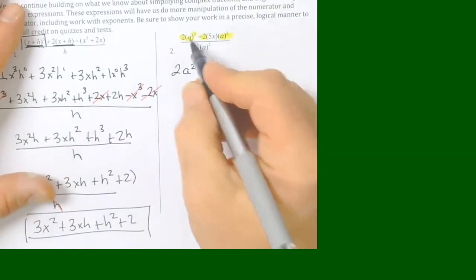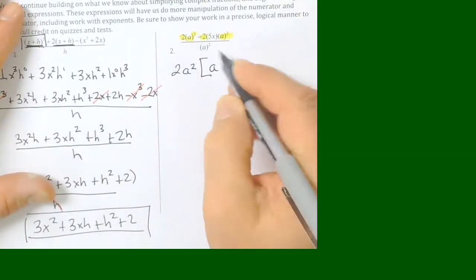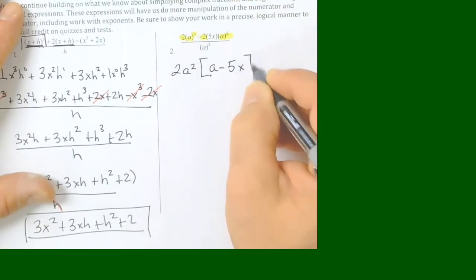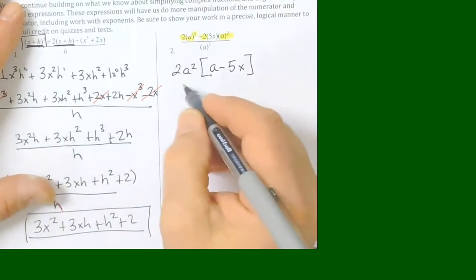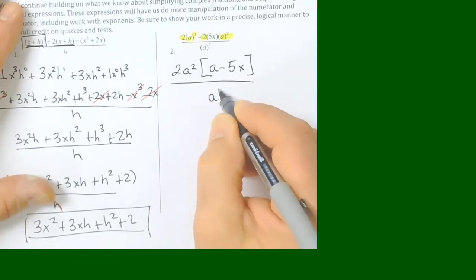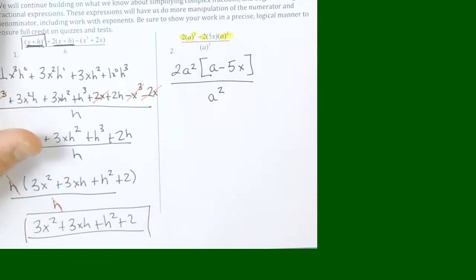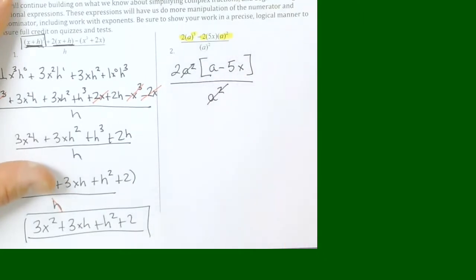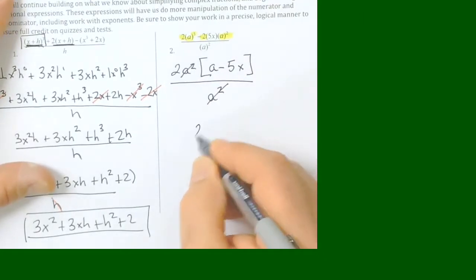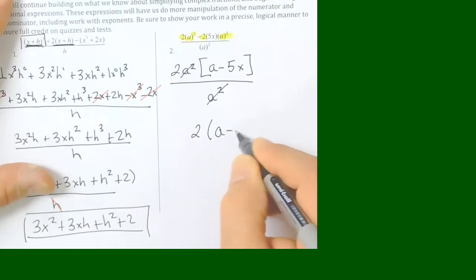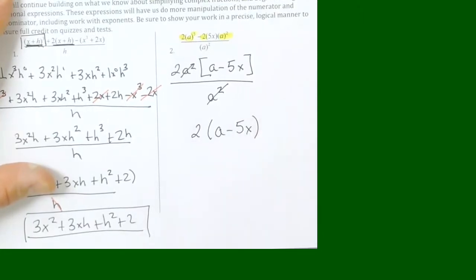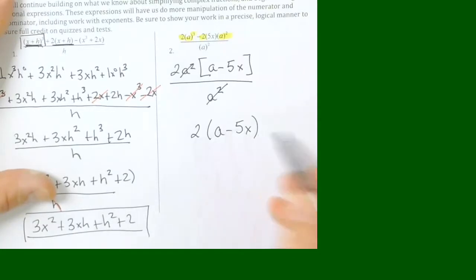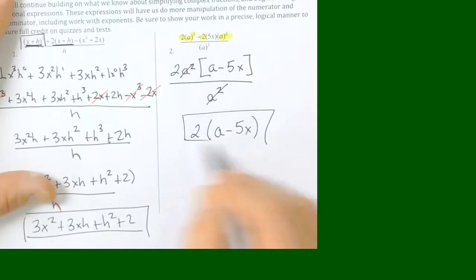That's going to leave me with 1a here, and it's going to leave me with minus 5x there, all over a squared. A squared's canceled, leaving me with 2a minus 5x. If you want, you can distribute that back through, 2a minus 10x.